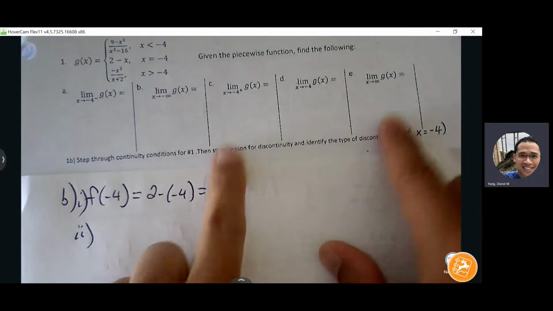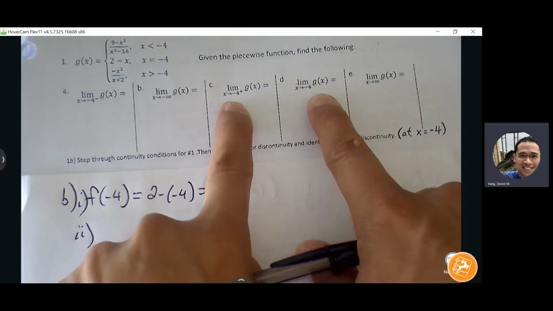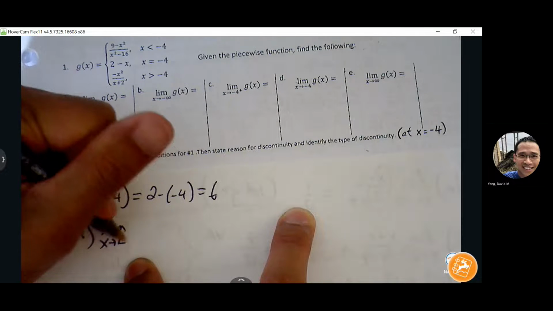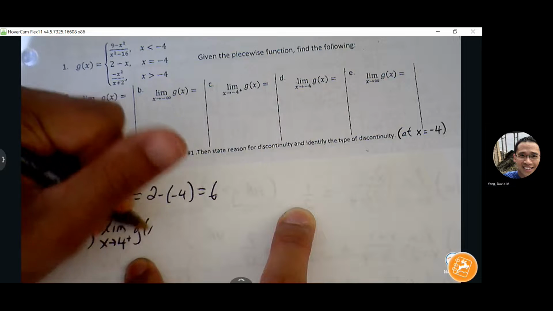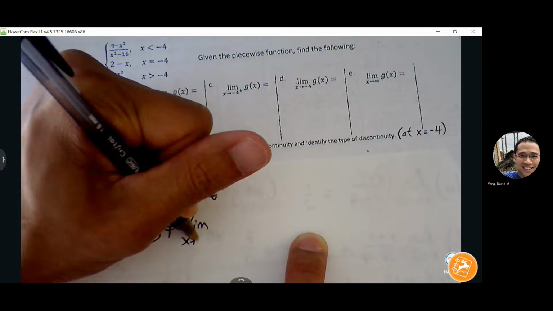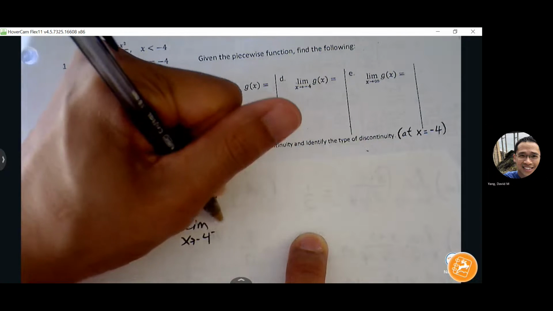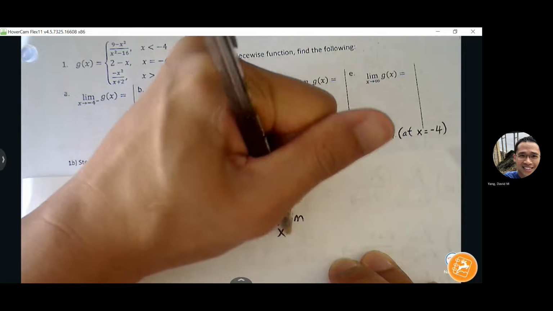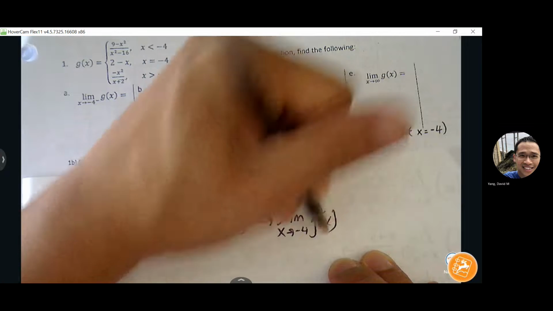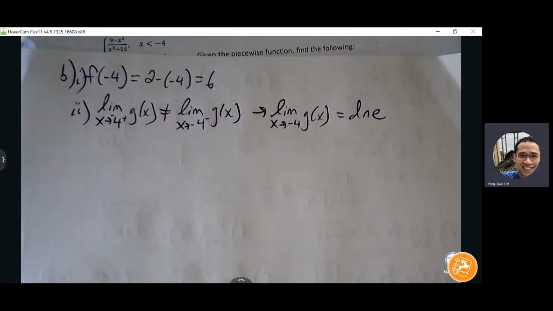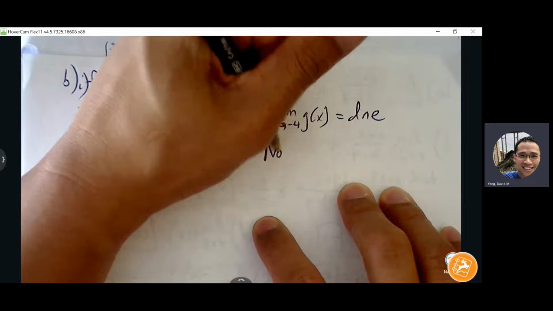Limit as x approaches -4 from the left and from the right. We already saw from C and D that they're not the same. Therefore, we already concluded that the limit doesn't exist. Okay, so can we stop and determine what type of discontinuity? Non-removable.